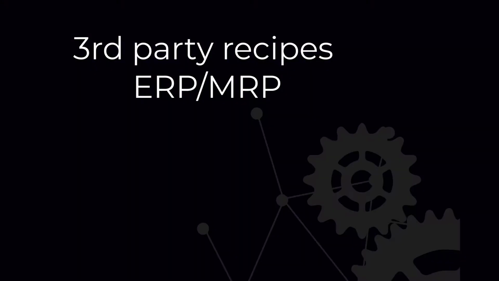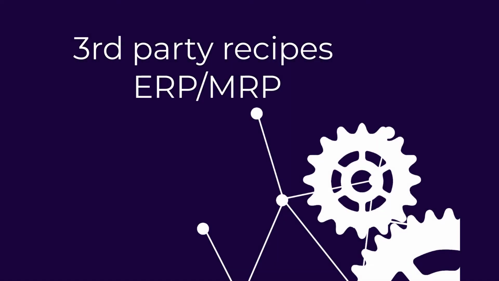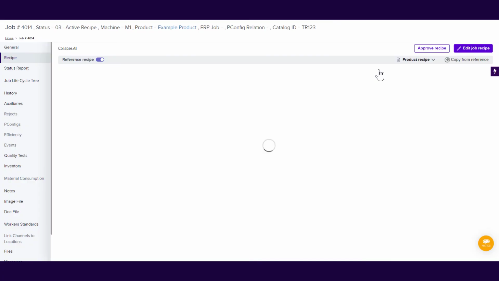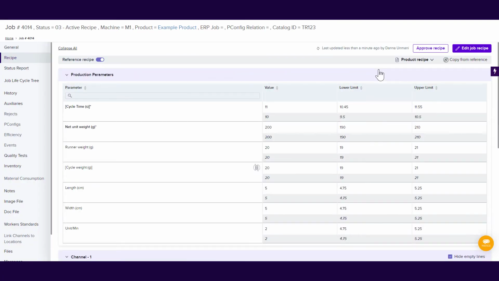If the product's recipe isn't maintained in Mantix, the initial job recipe can be populated with values set elsewhere, such as third-party systems. This doesn't mean you can't adjust the recipe. You can use other reference recipes within Mantix. For example, Mantix offers the option of using the values of the last most efficient job that was run for manufacturing the product using the same mold and the same machine.